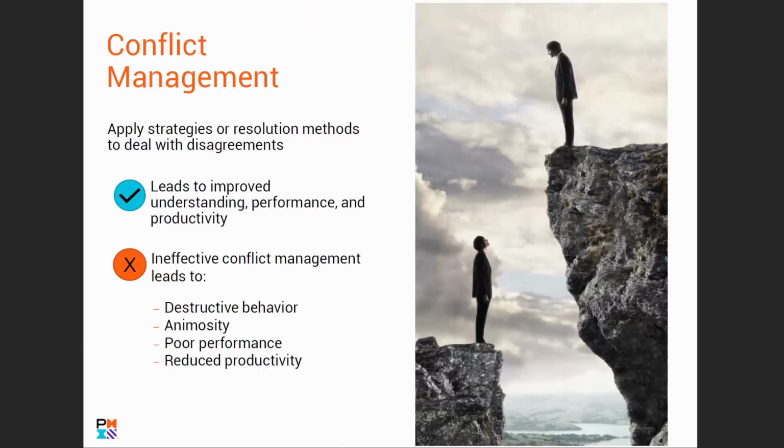Conflict management. In order to have a successful project, you need to apply strategy or resolution methods to deal with disagreements. This can either lead to improved understanding, performance, and productivity, or to ineffective conflict management, which leads to destructive behavior, animosity, poor performance, and reduced productivity.